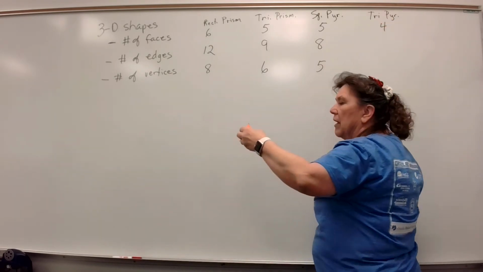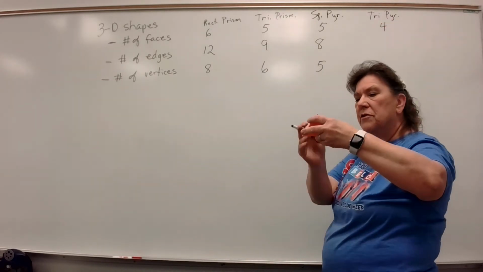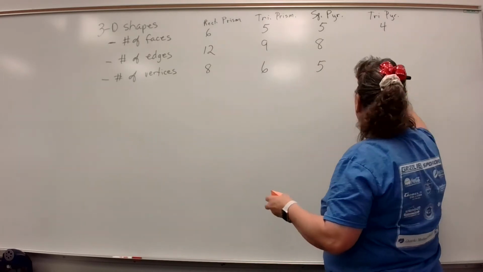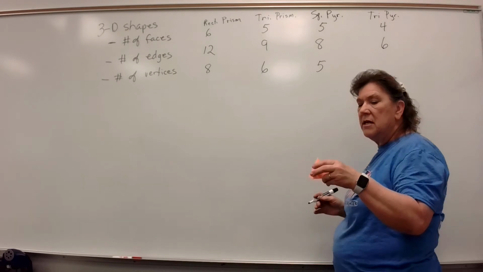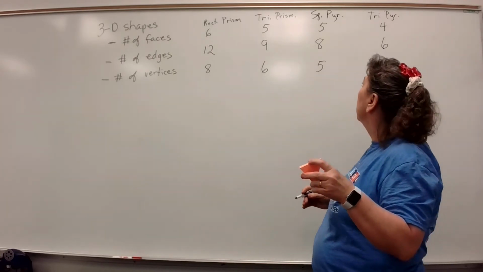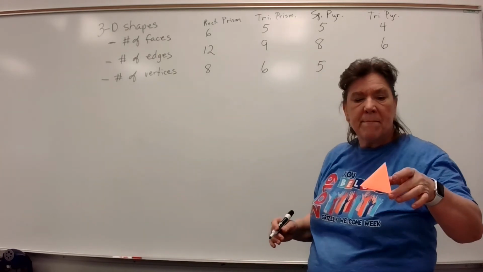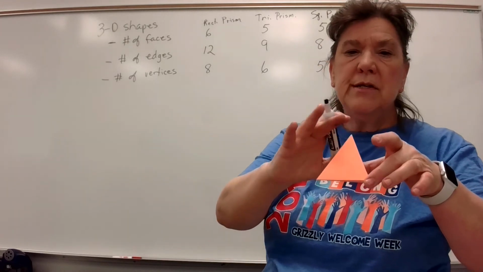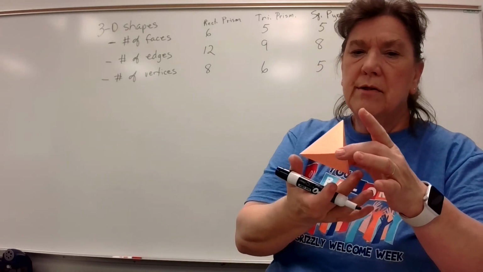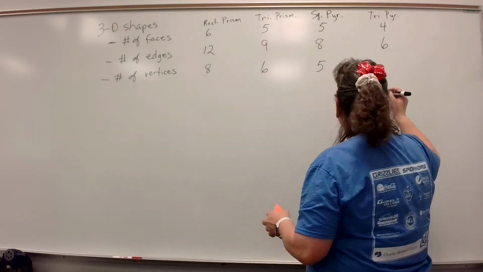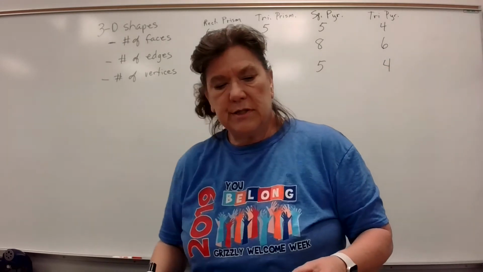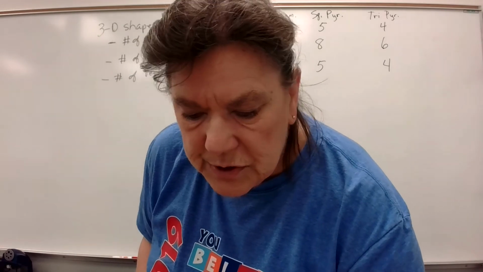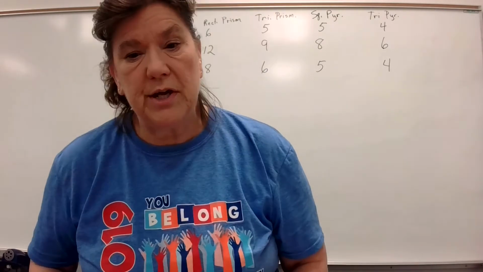And then your edges, you've got 3 at the bottom, 3 around the top, making 6 edges. And then if you look at your vertices, you have 1 at the top and 3 on the base. So that makes 4 vertices. So as you can see, they're different from each other.